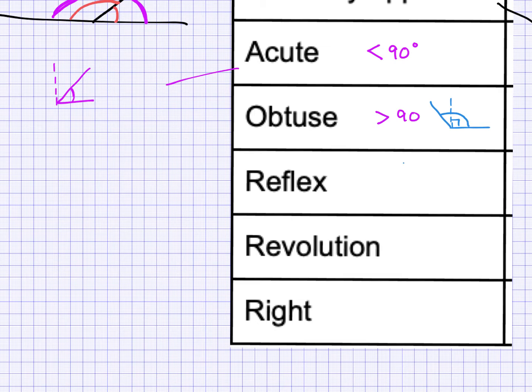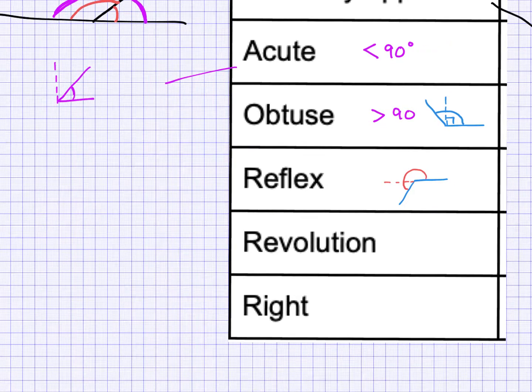Reflex is where it goes past 180 degrees. So reflex looks like this, where the angle is past 180 degrees, which would be there.